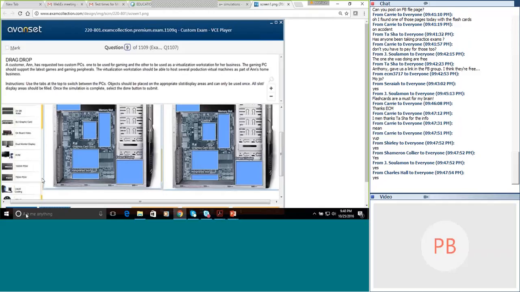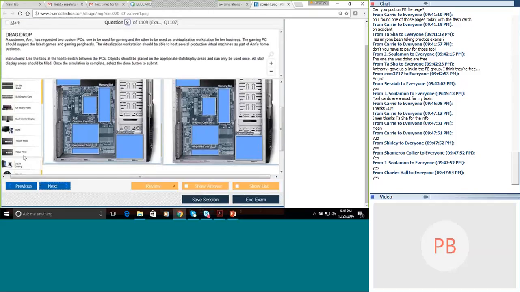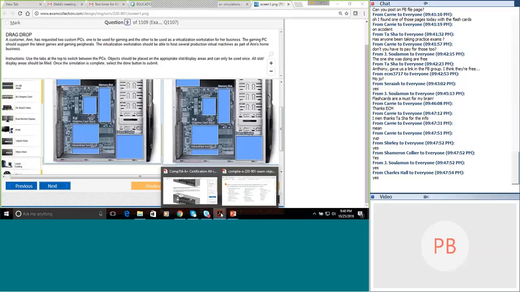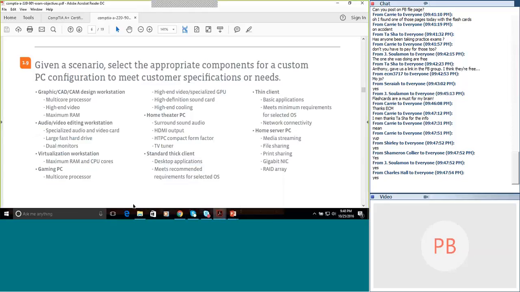This is kind of blurry, but if you look here, it says one is a 750 watt power supply and another one is a 1,000 watt power supply. You see that? So you need to know which one of these needs the 750 and which one needs the 1,000.